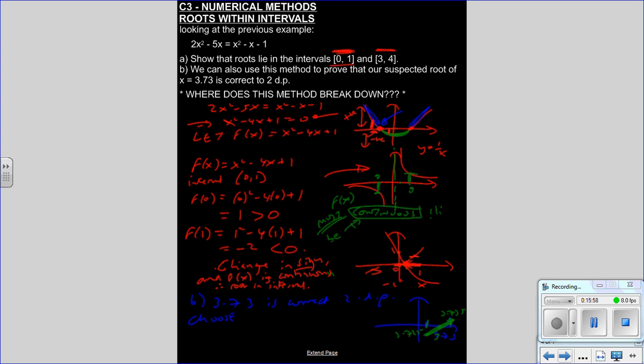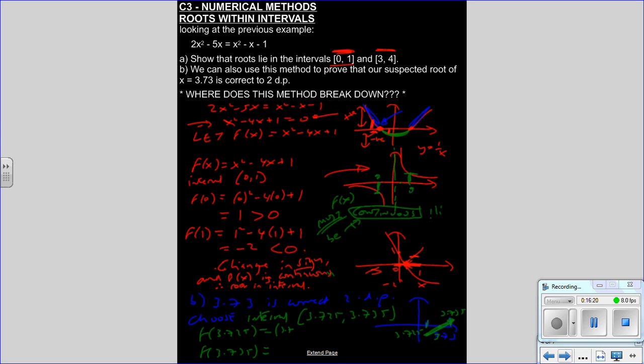Do you see? So choose interval, the upper and lower bounds, 3.725, 3.735. And now we can go f of 3.725 equals, f of 3.735 equals, so got to write that in. Where are we?